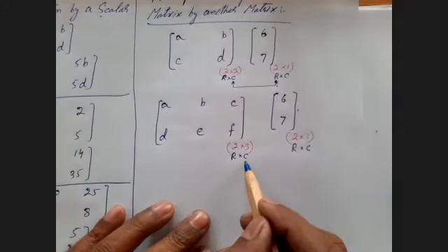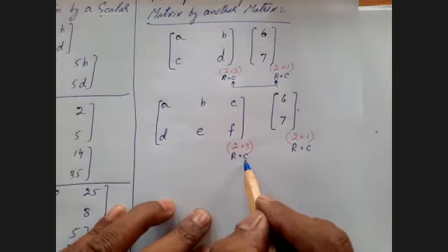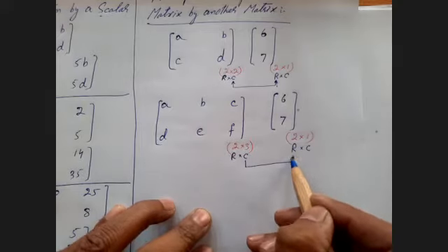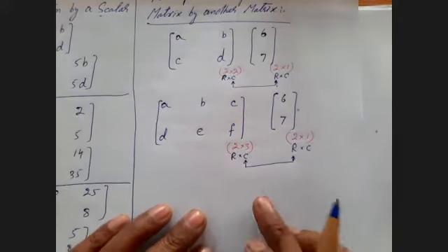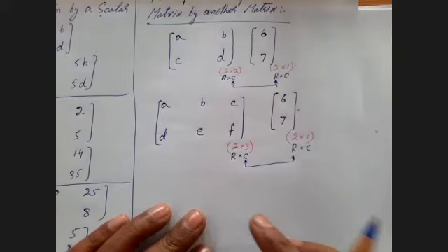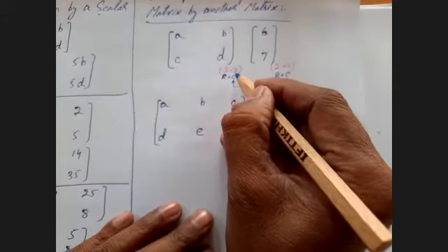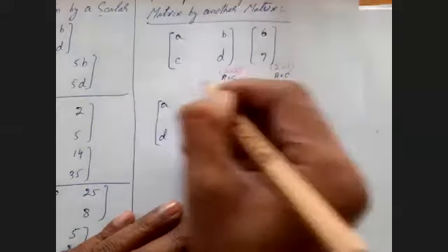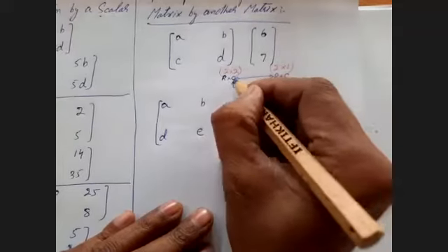Now here the column of the first matrix is not equal to the row of the second matrix. So first of all, I'm telling you that you must observe this. This is a very important thing to understand. In the earlier case, the column of the first matrix is equal to the row of the second matrix.